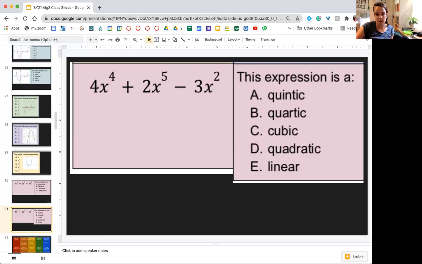Amazing. Great job, team. Okay, after going through those questions, how are you feeling about this topic? Are you a 0? It doesn't make any sense. Do you have some questions?